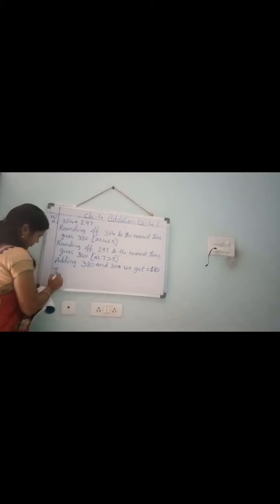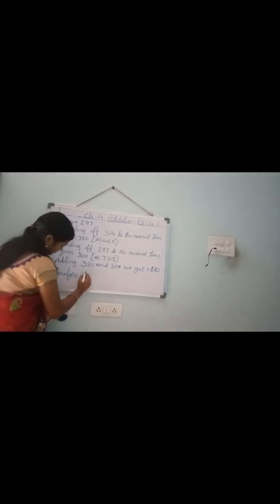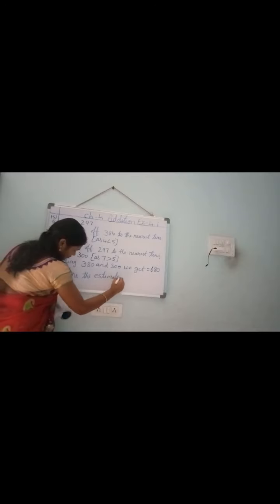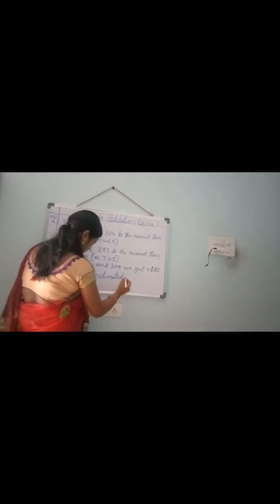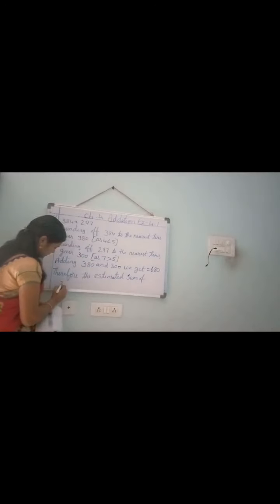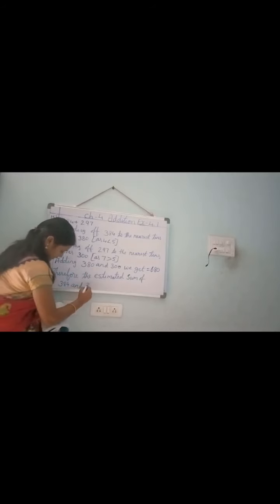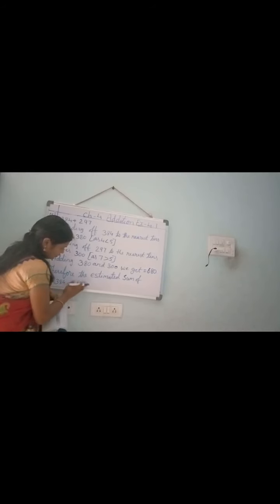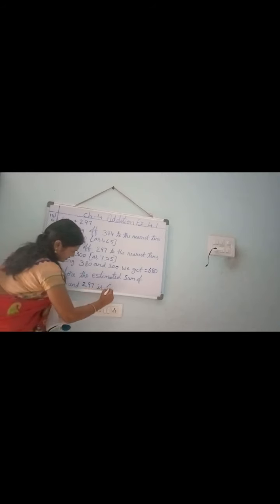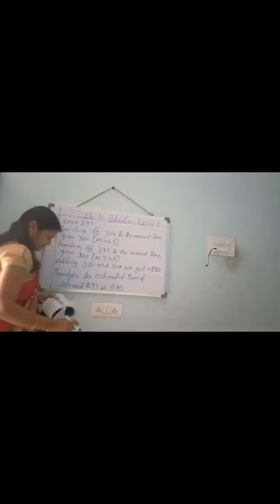Next, therefore, the estimated sum of 384 and 297 is 680. Understood, children? This is A1.